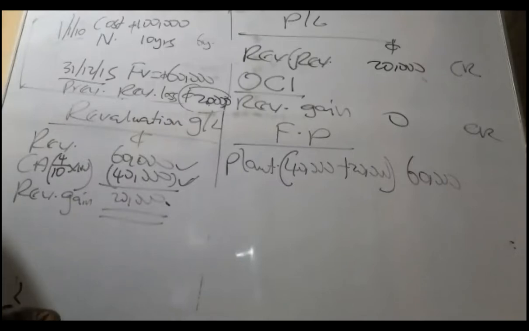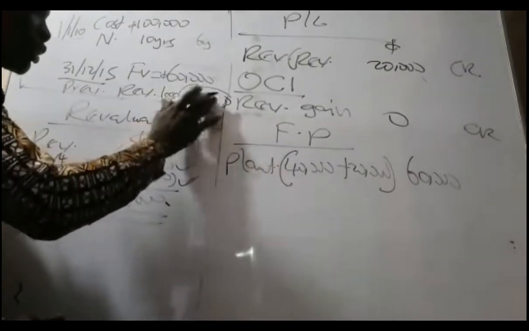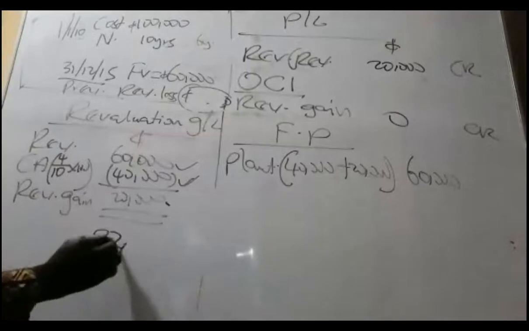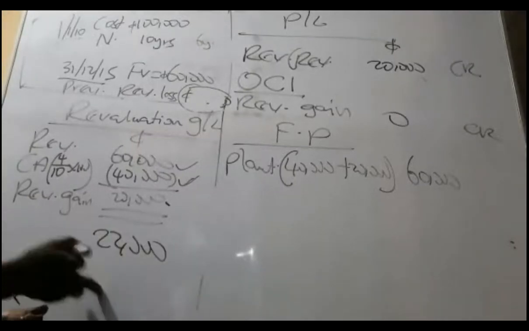Okay, I like that. So why will we record the difference of 2,000 when it happened to be 22,000? If the loss happened to be 22,000, it means that of the loss of 22,000, we've cleared 20,000.